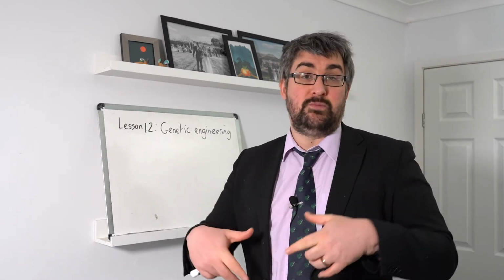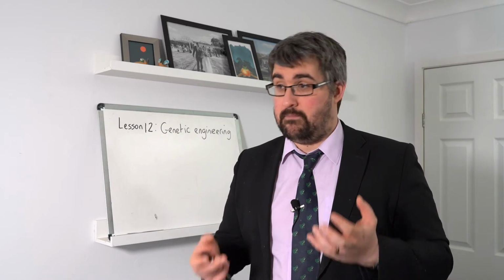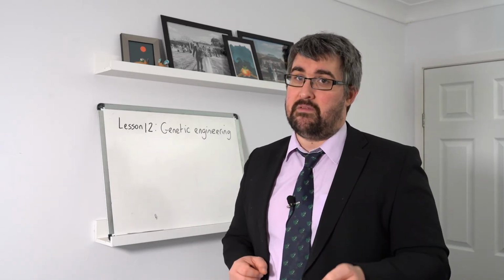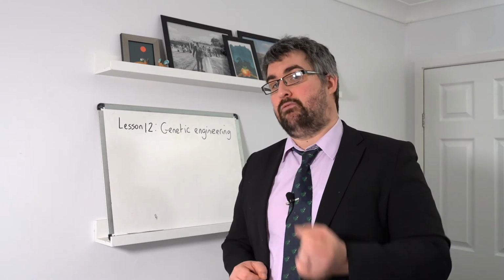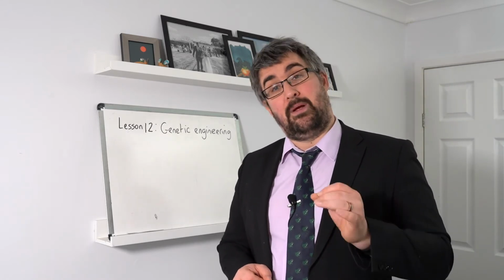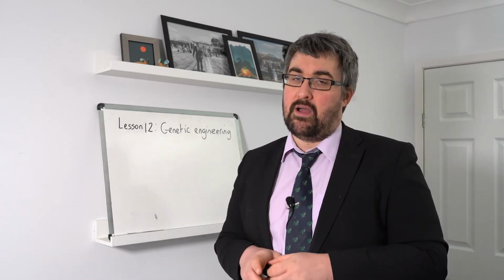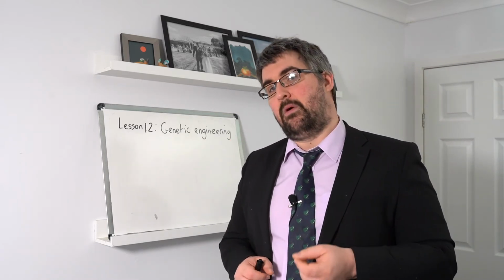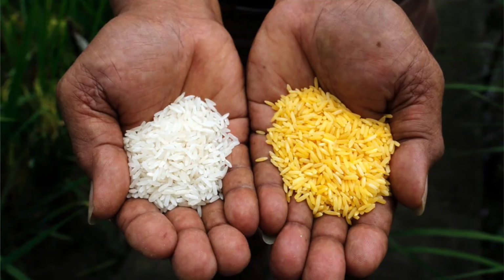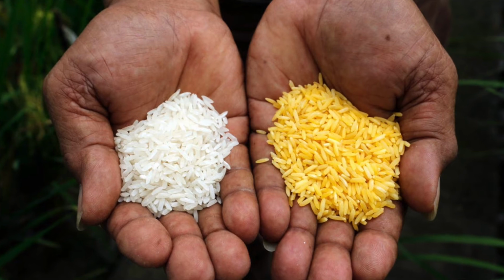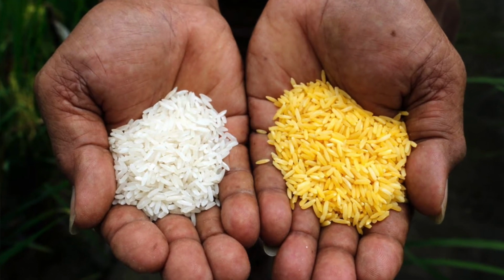They might also be more nutritious. Rice, for example, is notoriously low in vitamin A, and if you only ate rice, you'd go blind because vitamin A is important for healthy eyesight. So they've made a genetically modified rice, called golden rice, to up the vitamin A content, so you don't have this problem of blindness if your diet is solely rice.